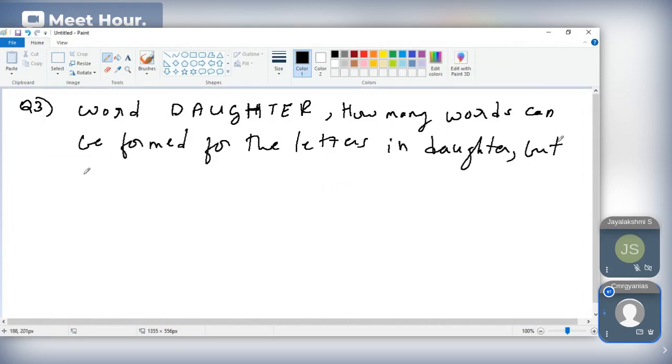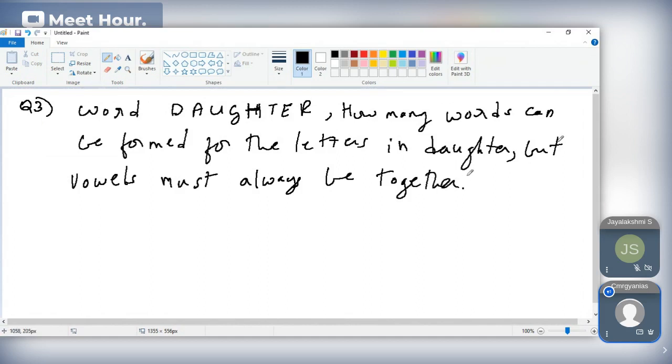That condition is vowels must always be together. So there is a word daughter. From these letters, so many words can be formed, but vowels should be together.